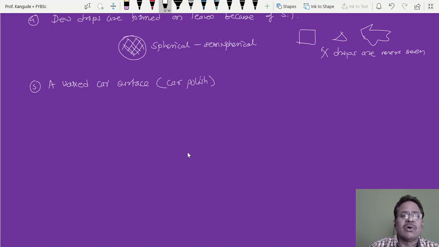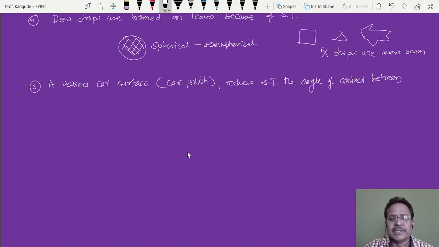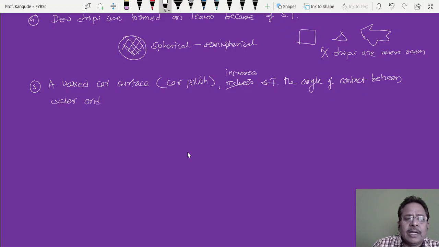A waxed car surface, actually it increases, not reduces, the angle of contact between water and the surface, and thereby the water doesn't stick to it.